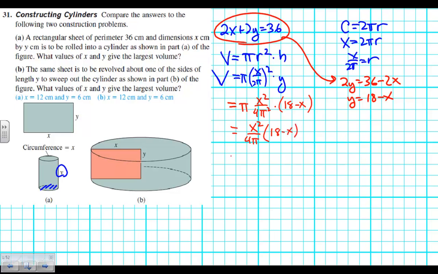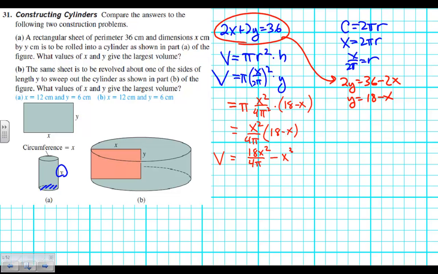Oh, I suppose I can distribute that as well. Actually, if you're solving for zeros, can't you just do it now? Well, I have to remember, this is the volume equation. What I'm going to need is V prime, the derivative. And what I'm doing is hopefully going to make taking the derivative a little bit easier.